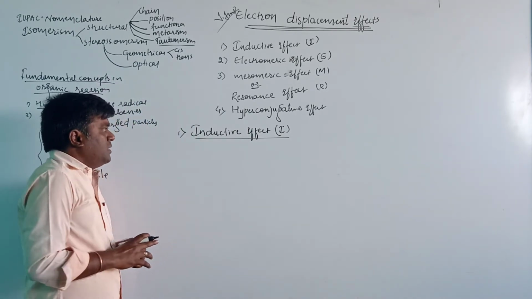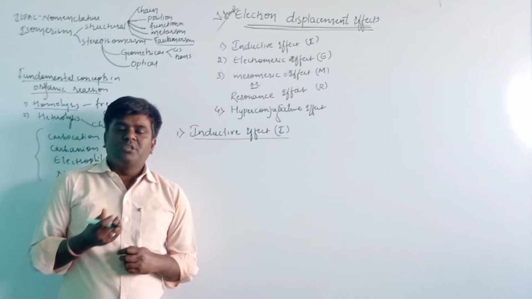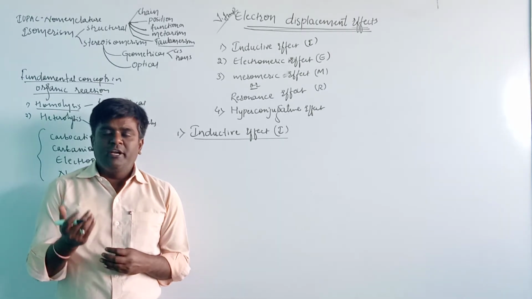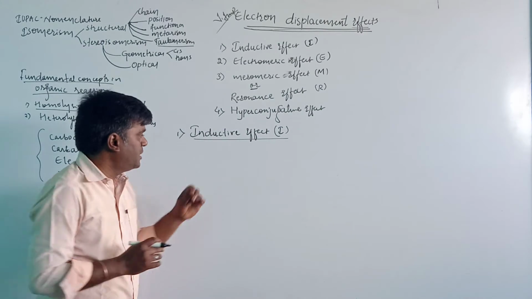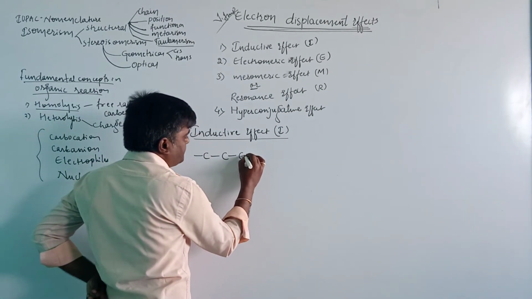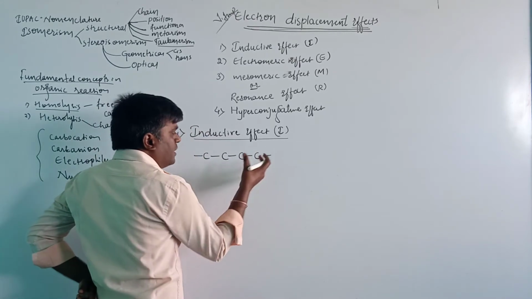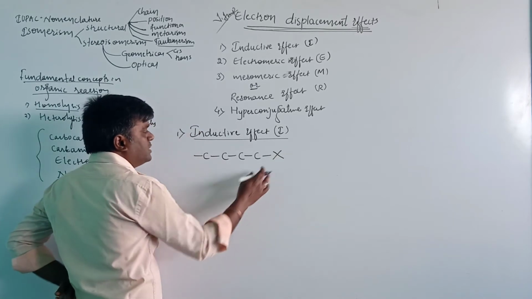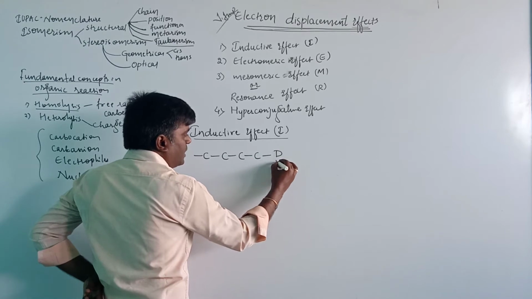The permanent displacement of electrons along the carbon chain towards the more electronegative species is known as an inductive effect. Consider a carbon chain, that is 1, 2, 3, 4, to which a more electronegative species is attached, consider that is D.